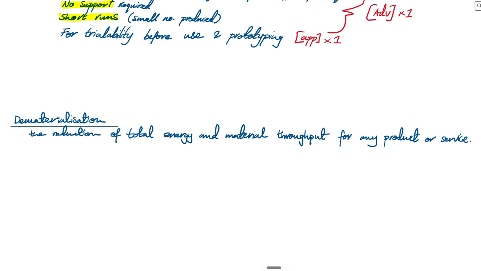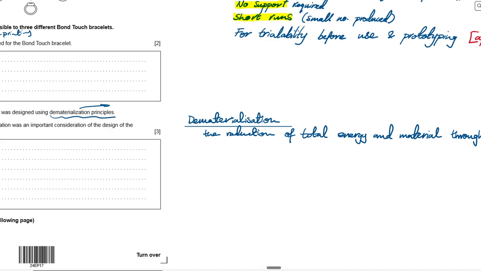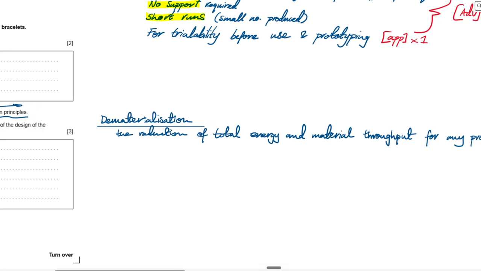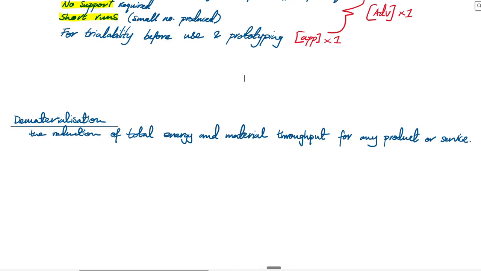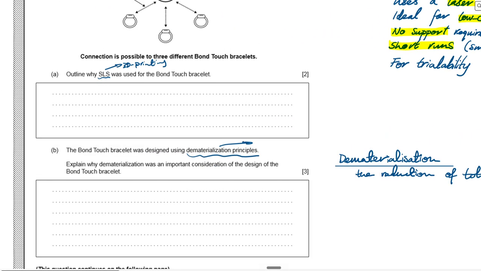And that extraction from the earth requires a lot more energy. And so we're being more sustainable, reducing our environmental impact. And we have lower end of life waste, right? Because there's less material. So let's see what they mention.